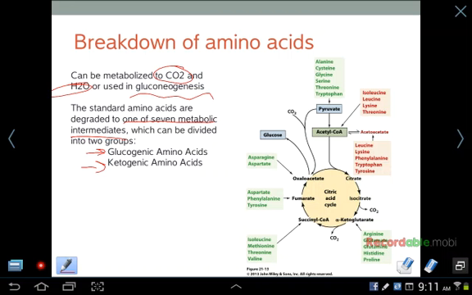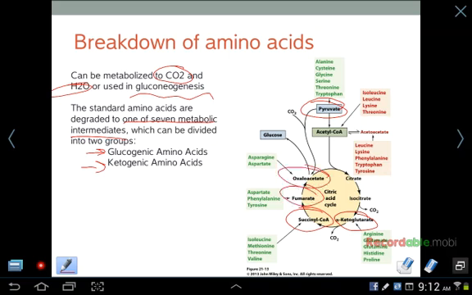Yeah. So glucogenic amino acids are ones that are degraded down to alpha-ketoglutarate, pyruvate, succinyl-CoA, fumarate, or oxaloacetate.